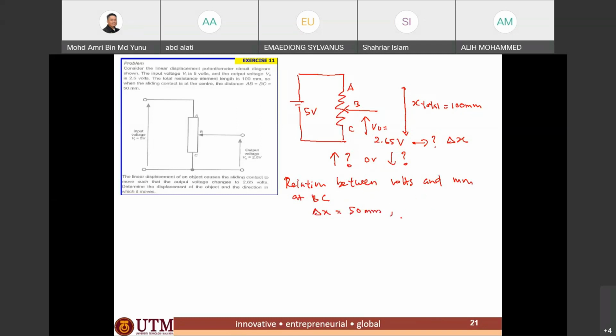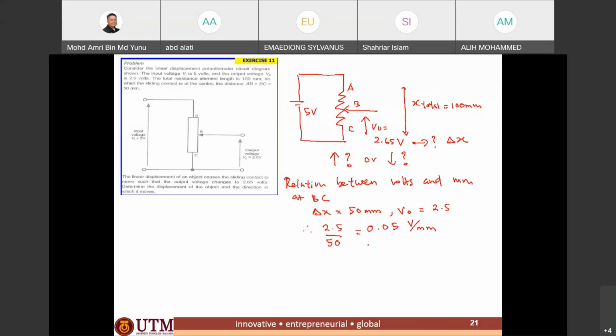and the V out is 2.5. Therefore the relation between the volt and millimeter is 2.5 divided by 50, so we get 0.05 volt per millimeter.